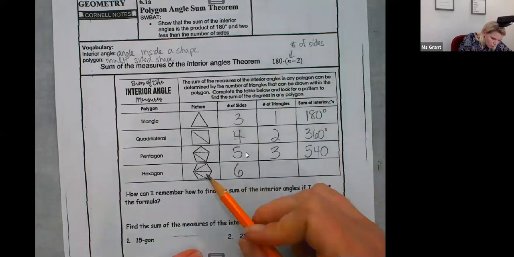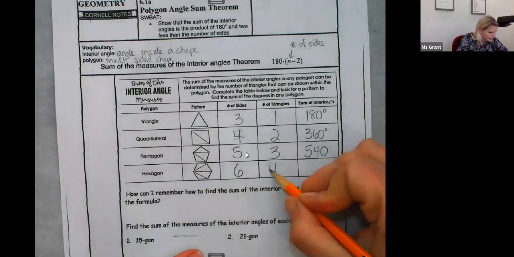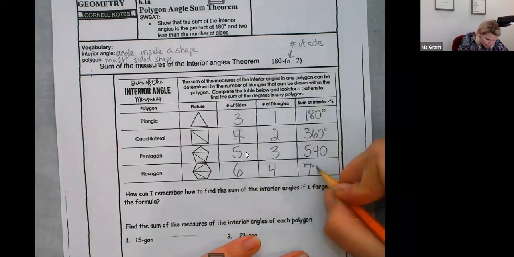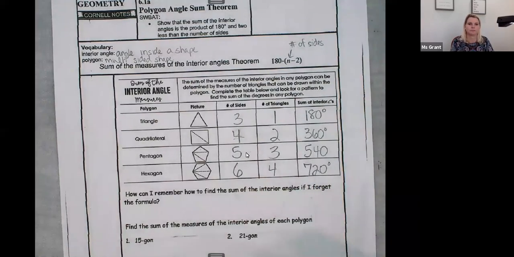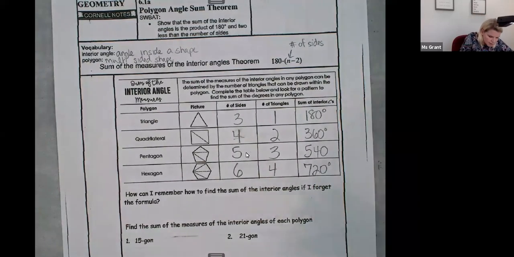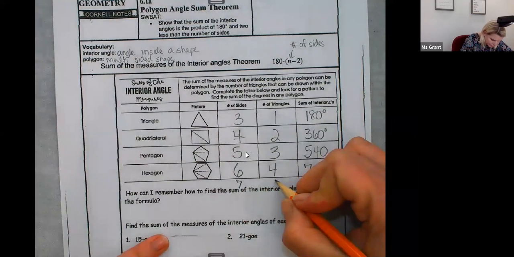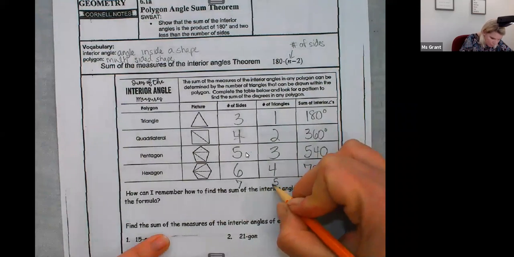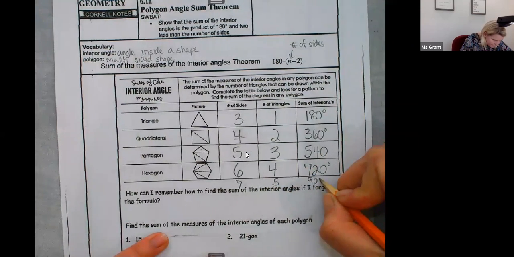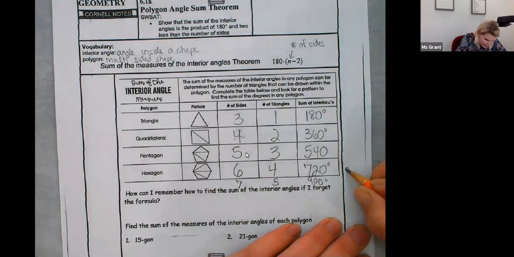That makes 4 triangles. And that's 720 degrees. 7-sided has 5 triangles in it, and that would be 900 degrees. 8 sides is 1080 degrees.